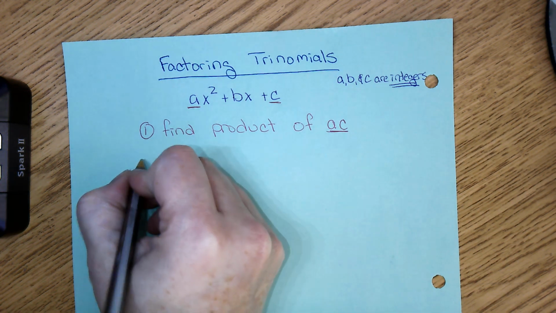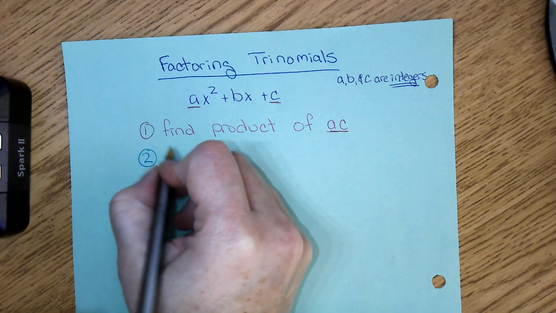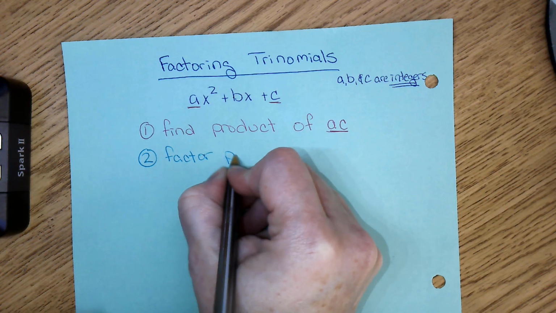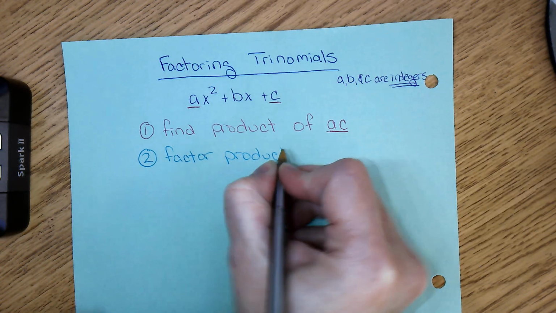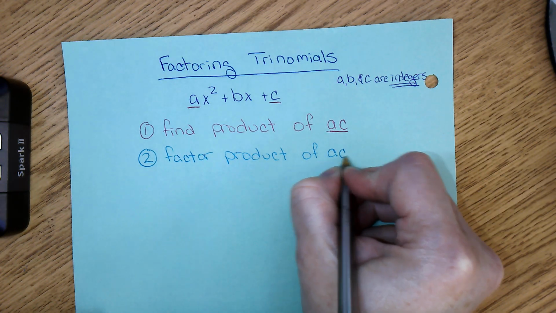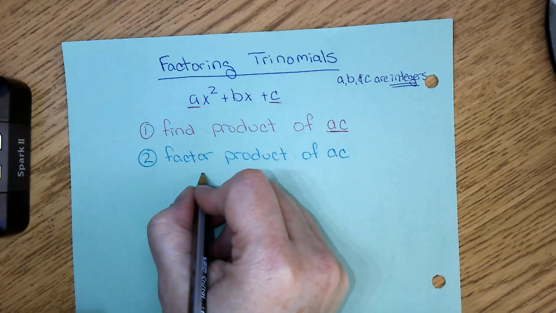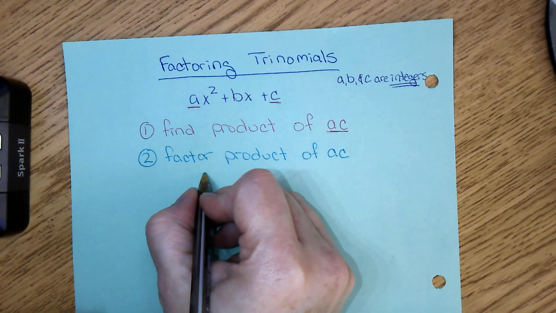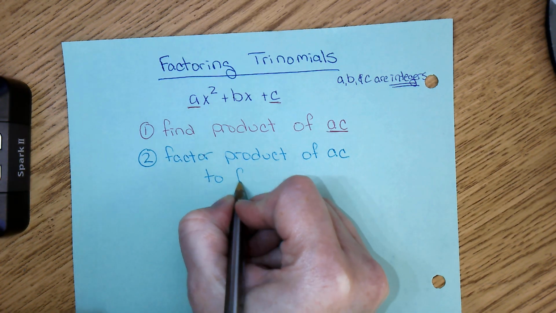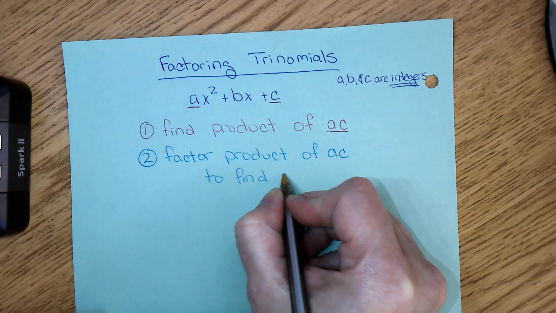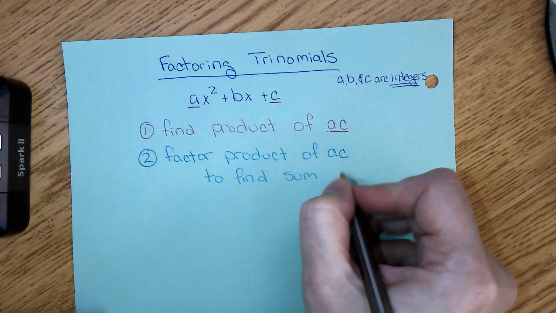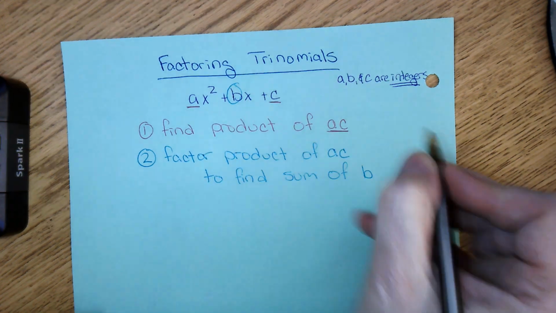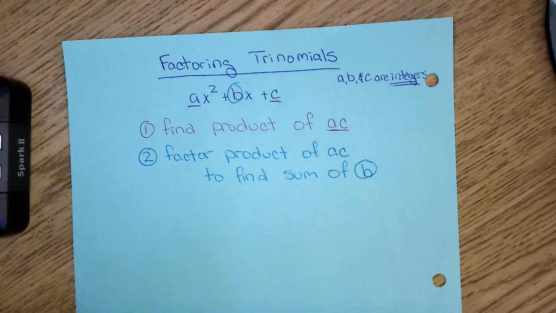All right? And step 2. We're going to take that product, okay? And we're going to factor that product of AC. All right, and so we're going to have 2 factors, and those 2 factors must add up to, or become the sum of, B. All right.